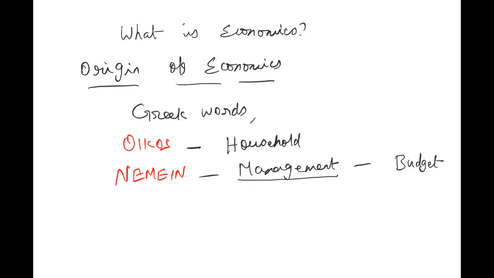So the moment I say budget, then immediately what comes to our mind is expenditure and income. Okay, and for your information, this Greek word "oikos" naming was given by the great Greek philosopher Aristotle.